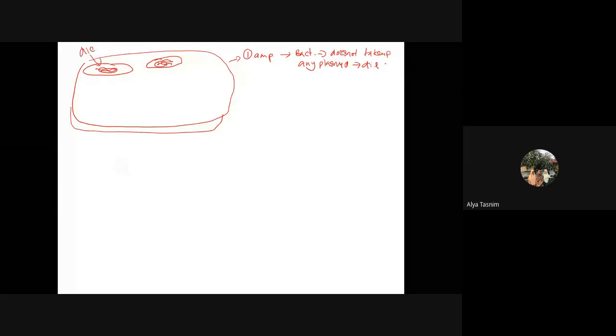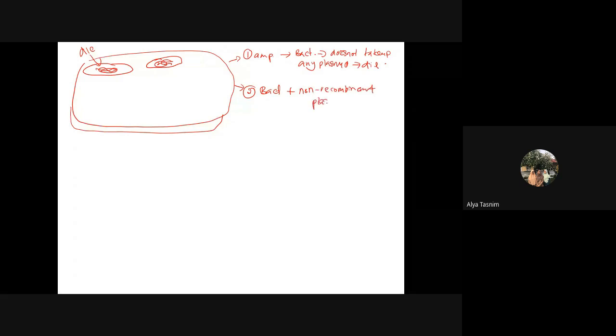Bakteria yang kedua adalah bakteria yang ambil recombinant plasmid. Dan recombinant plasmid apa dia? Plasmid bila awak dah potong dengan restriction enzyme, cantum balik. Dia tak ambil any foreign DNA, dia bercantum balik.